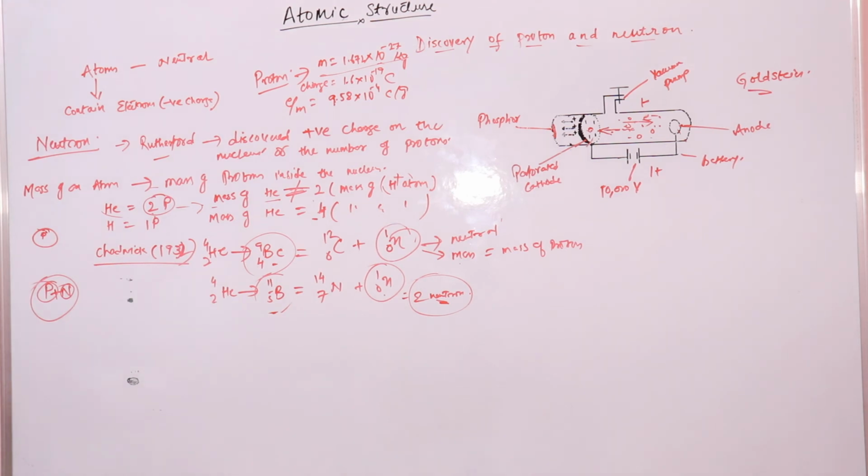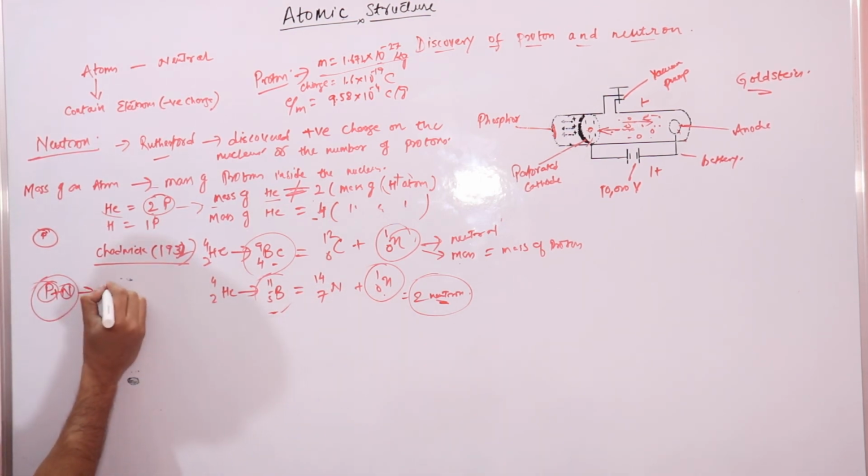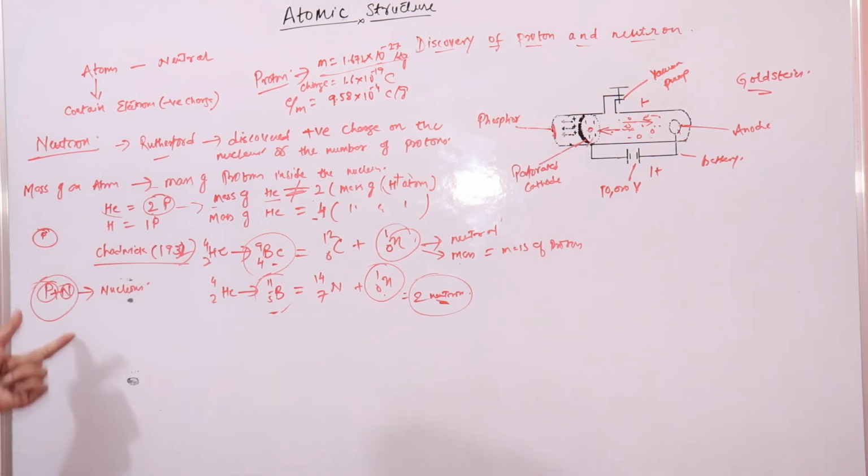The nucleus contains protons plus neutrons together, and these protons and neutrons are collectively known as nucleons inside the nucleus.